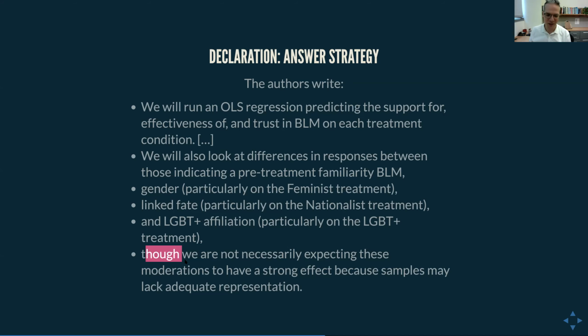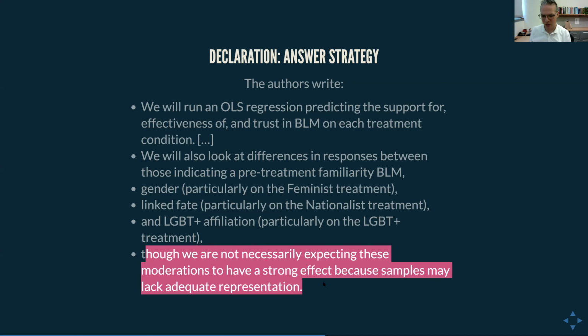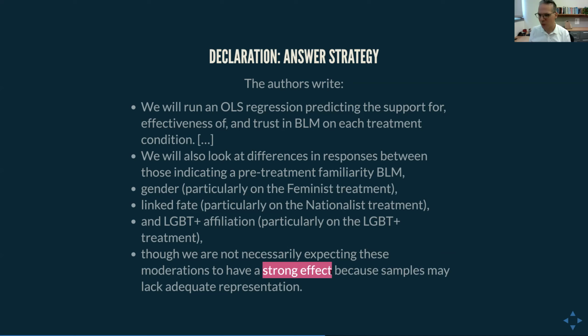Then finally, though we are not necessarily to have a strong effect because samples may lack adequate. So by strong effect, it's weird, right? I think what they mean here is we bet that this is going to be imprecise because we don't have enough data among LGBTQ identifiers, for example, right? There's not that many of them.